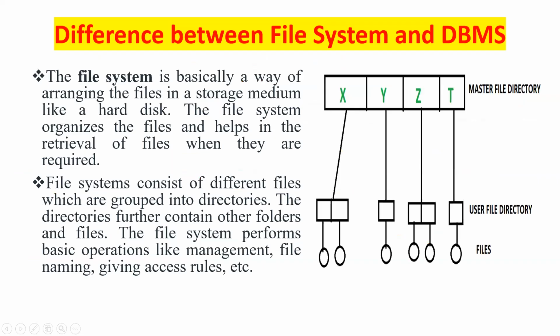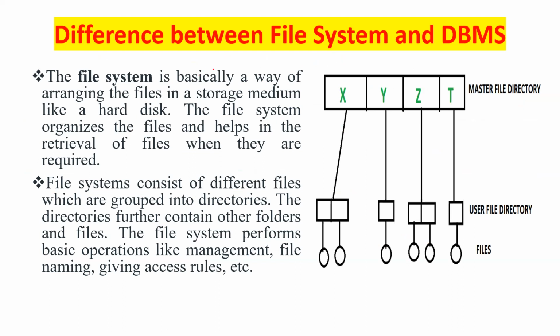Now move further. There is one thing you will find, that is, what is file system and DBMS. Clear? In the book you will find some of the characteristics and disadvantages of the file system. Before moving to those disadvantages, first of all you have to understand what the file system is.